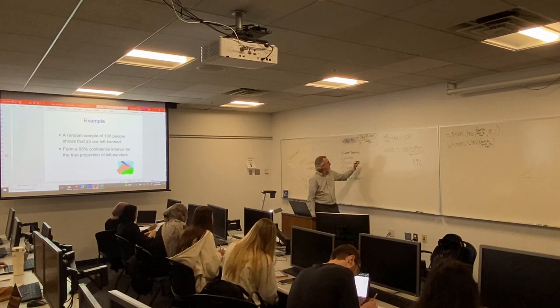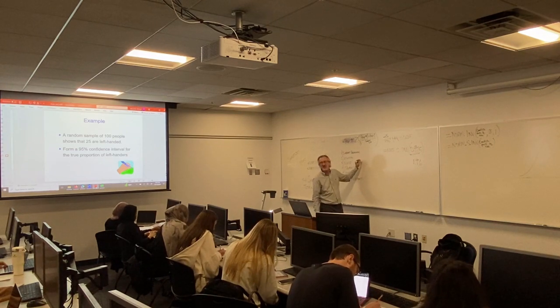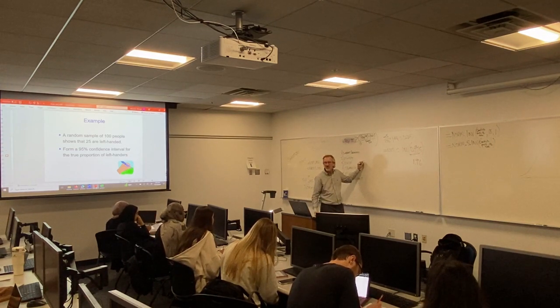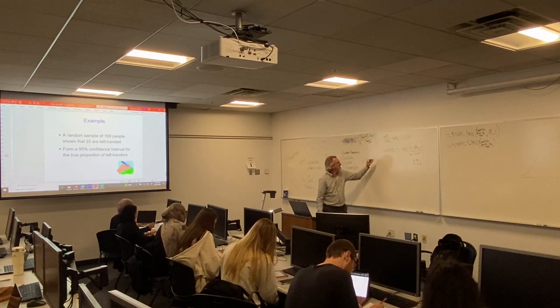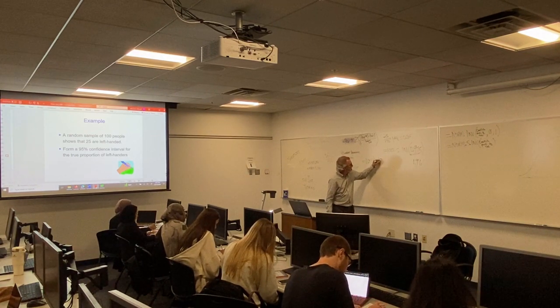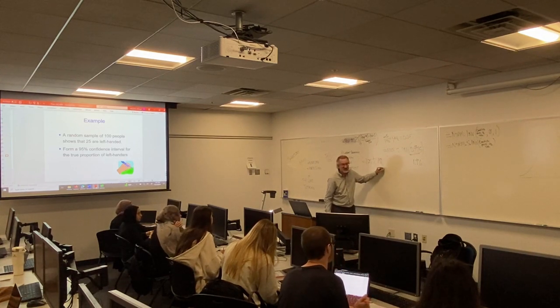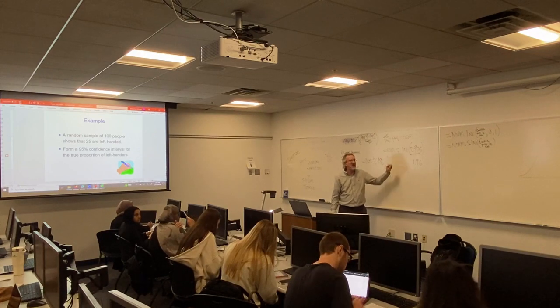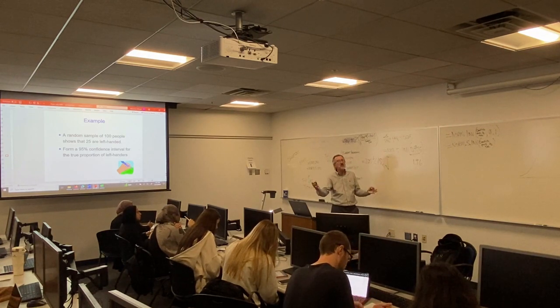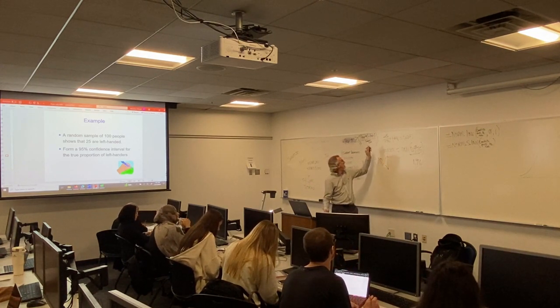Are we ready? This is manual, so I don't have to put the equal sign in front, but I'm used to it, so I'm going to do it. 0.25 plus and minus 1.96, big parenthesis. Watch what I'm doing so I don't forget. Giant square root symbol right away, so I want to make sure I remember it's over both of them.